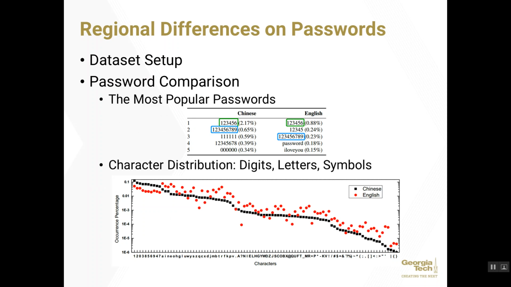This paper studies Chinese passwords because Chinese netizens are the biggest internet user group. This is the dataset setup. According to official reports of China Internet Development from CNNIC, there are over 600 million netizens in China. In addition, the security of Chinese web services is worrisome.